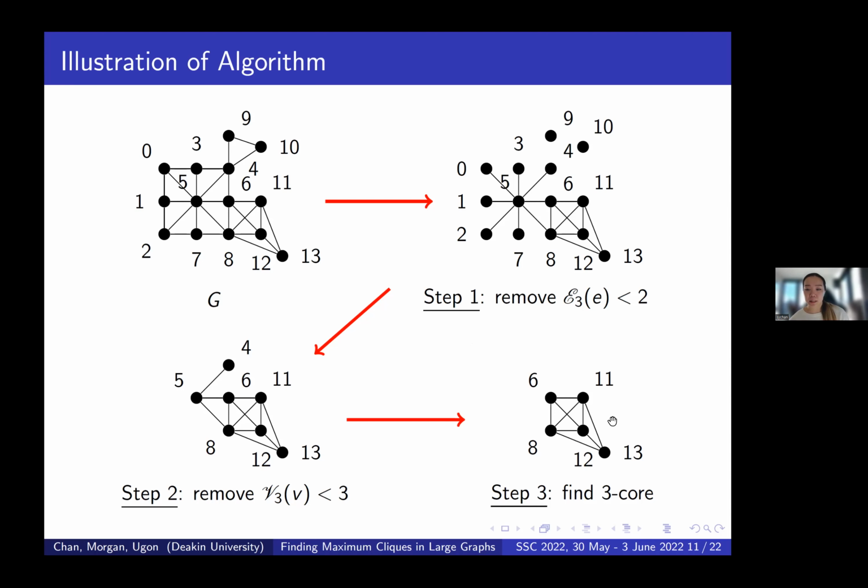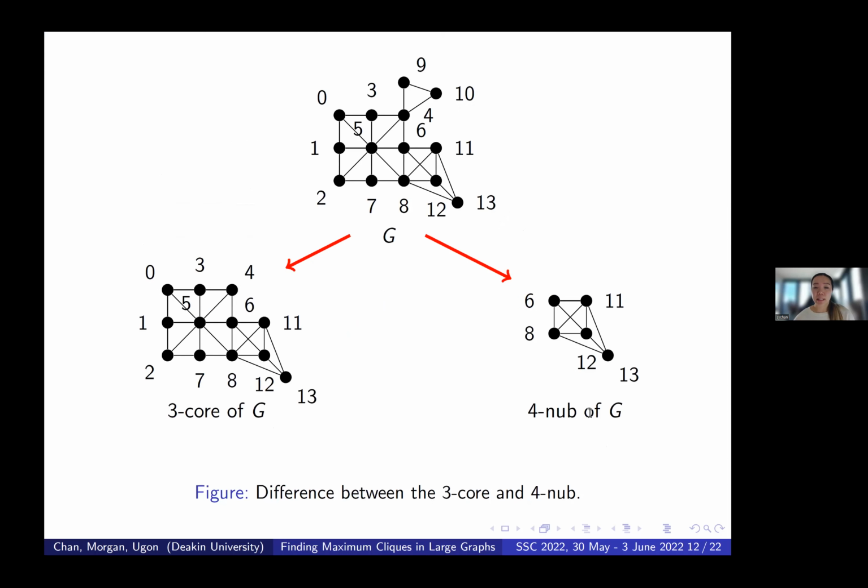And that gives us what we call the 4-nup here. You can see a side-by-side comparison between the 3-core, which was shown earlier as well, and our reduction, which significantly removed more vertices than the 3-core itself.